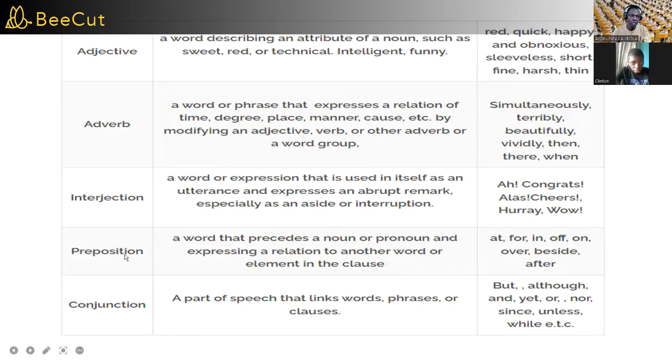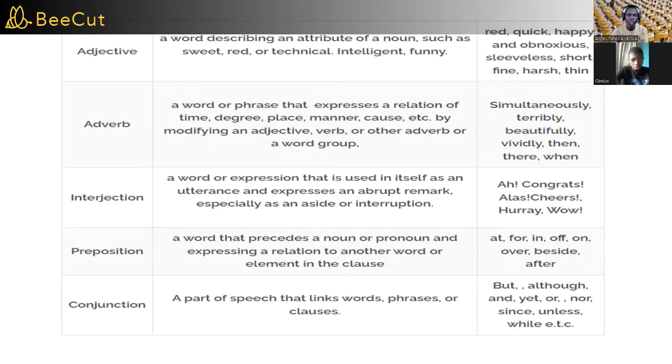And the next one we'll talk about is the preposition. In the word preposition, you can see position there. So it's showing position between two words. It is a word that precedes a noun or pronoun and expresses relation to another word or element in the clause. In other words, it is a word that shows the relationship between a noun and a pronoun, or two nouns, or two pronouns. For example, if I say, he is in the room, I have mentioned the pronoun and the noun: he is the pronoun and the room is the noun.